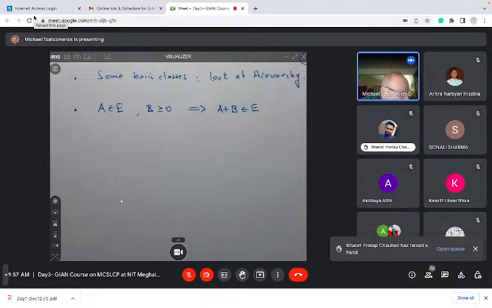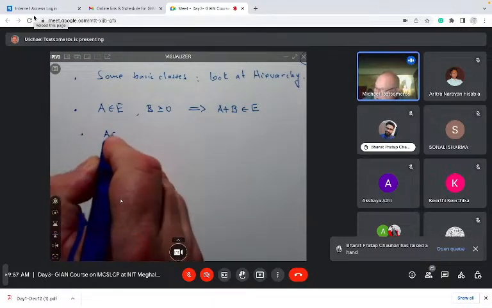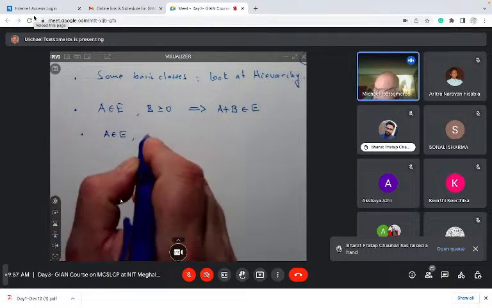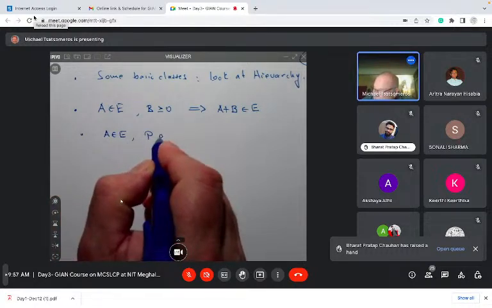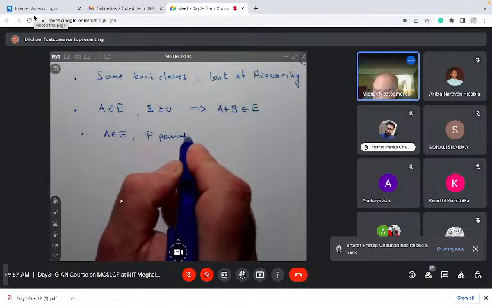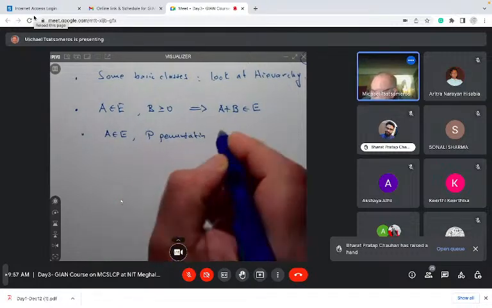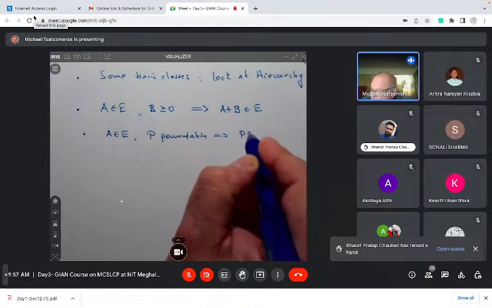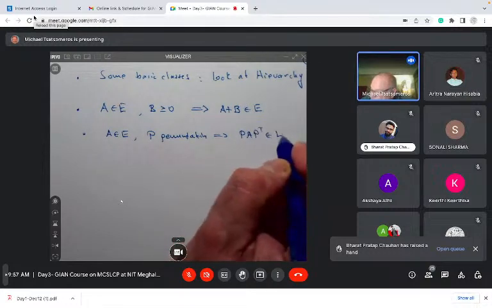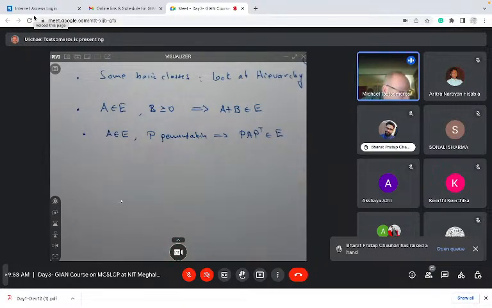Of course, permutational similarities are true as well. A in E, P a permutation matrix, then P times A times P transpose is also in E. So it's preserved under permutations. It's preserved under diagonal scaling.